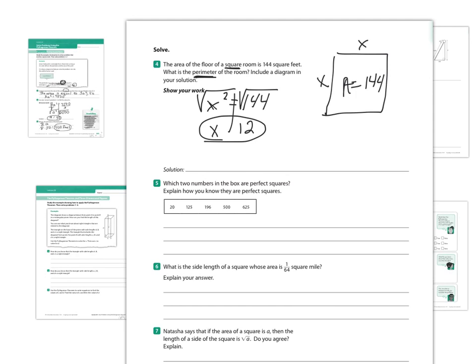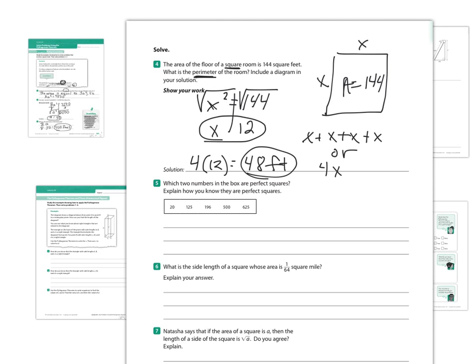Perimeter could be written as x plus x plus x plus x, because we're adding up the four sides of that square. Or we could write an expression, since those are all like terms, 4x. If x is 12, 4 times 12 is equal to 48. So the perimeter of that room, 48 feet.